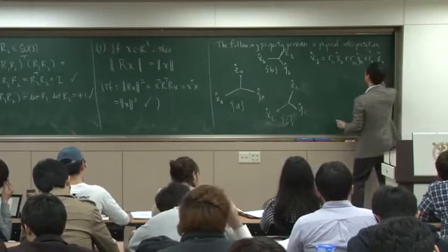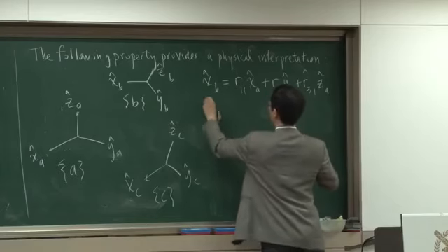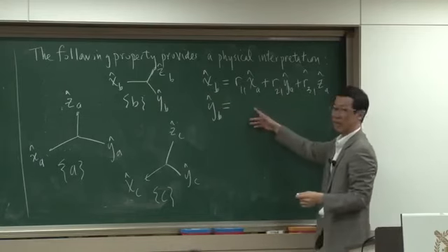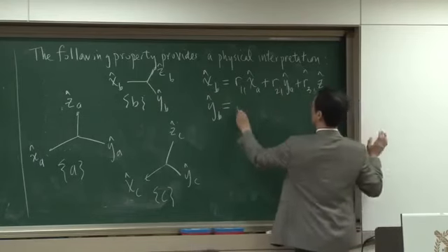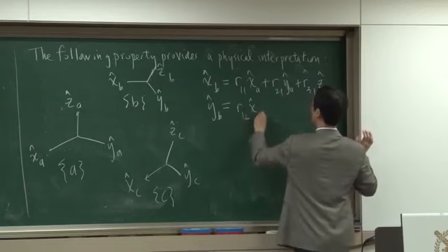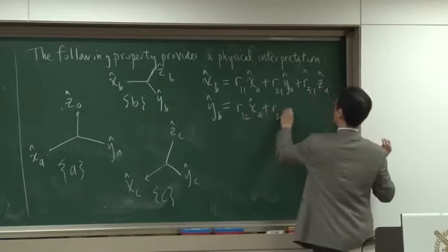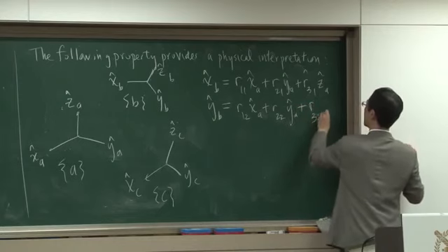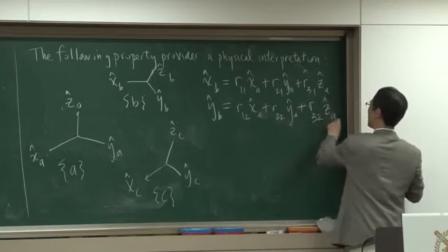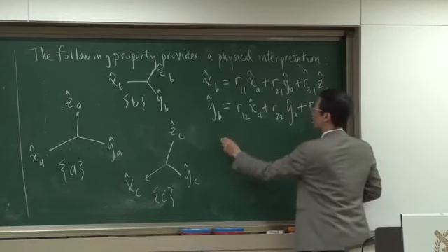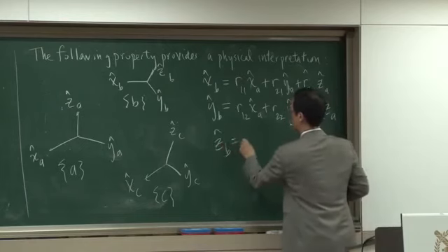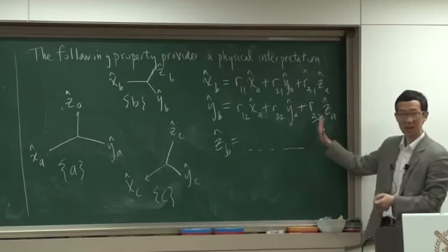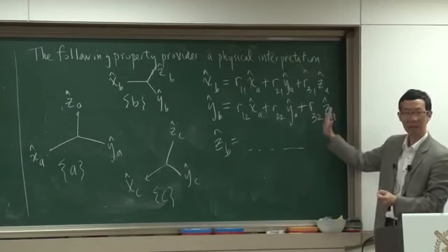YB is also going to be something in terms of XA, YA, and ZA: R12 XA plus R22 YA plus R32 ZA. And so on. I'm not going to write that line. I can do this, right?